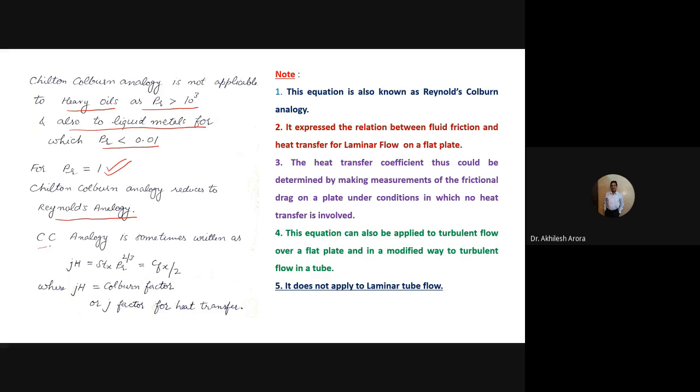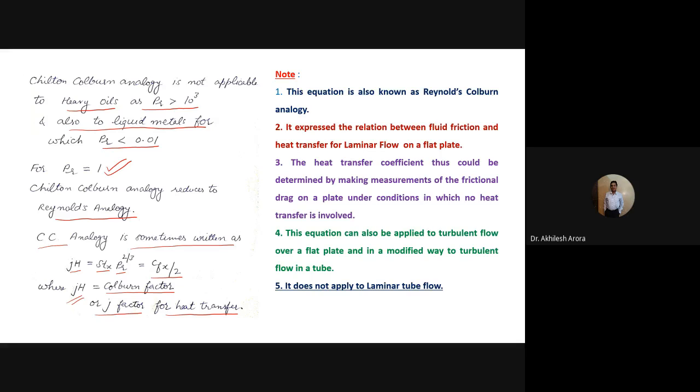Now, the Chilton-Colburn analogy is sometimes written as JH equals Stanton number into Prandtl number raised to power 2 by 3 equals Cfx by 2, where this JH is known as the Colburn factor or J factor for heat transfer. So it is a sort of factor which is defined by the scientist himself.